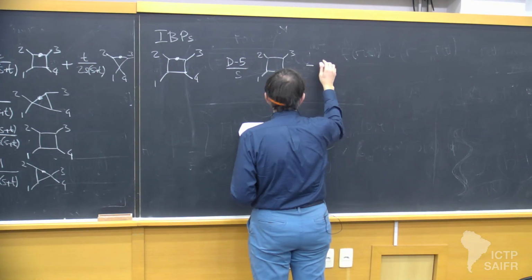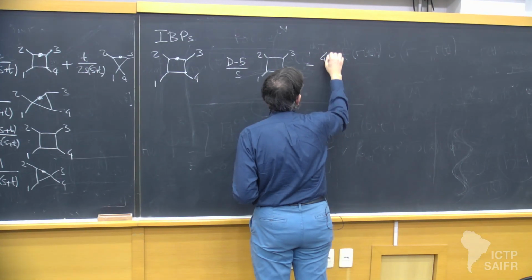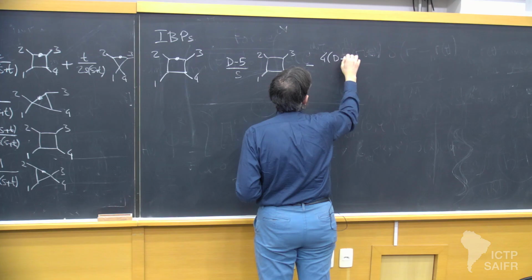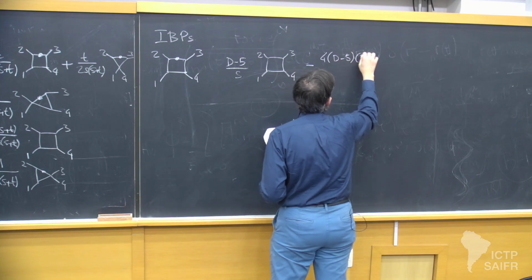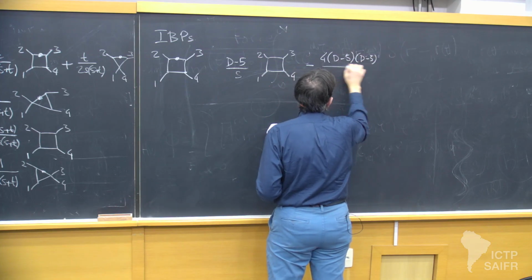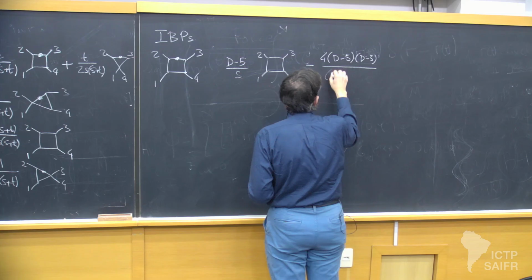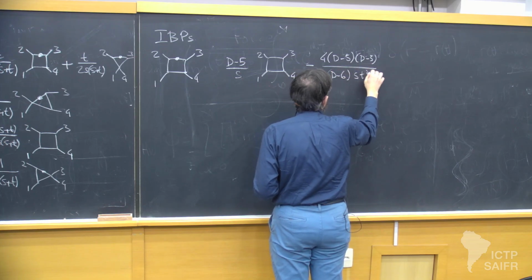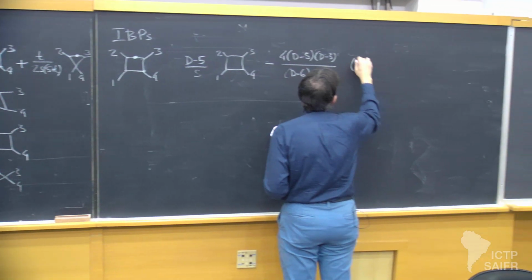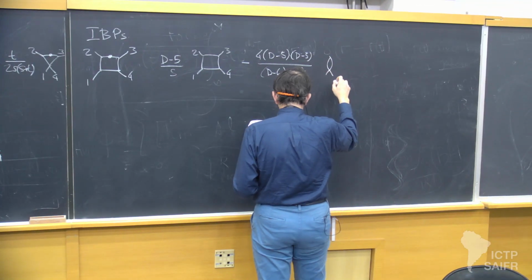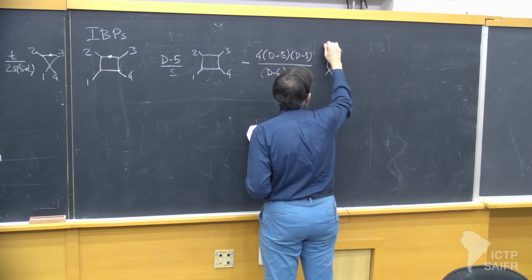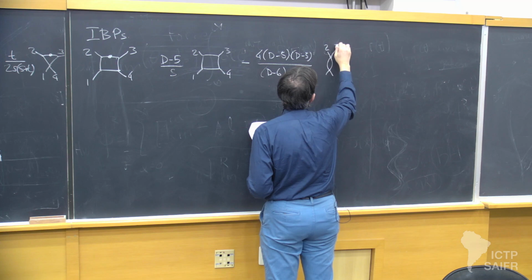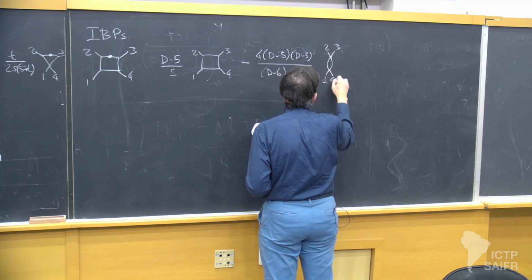And let me get the coefficient right here. Let's see, d minus 5, d minus 3. And then there's a d minus 6, st squared. And this is a t-channel bubble.